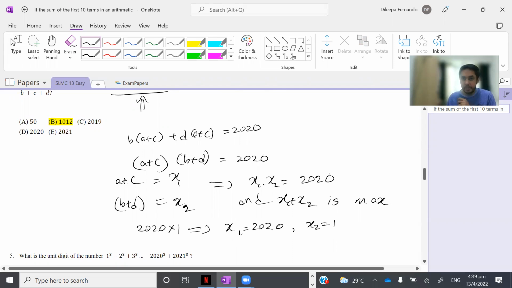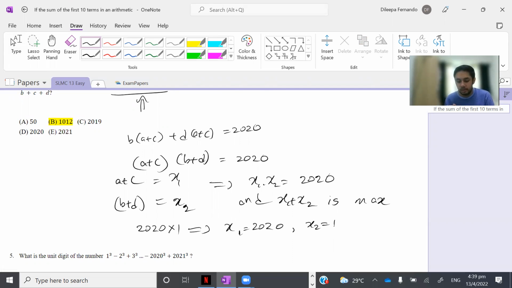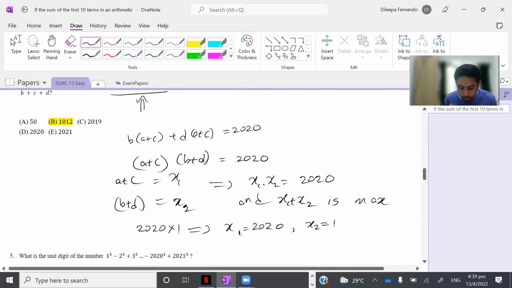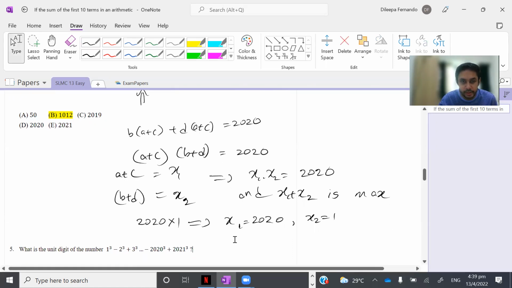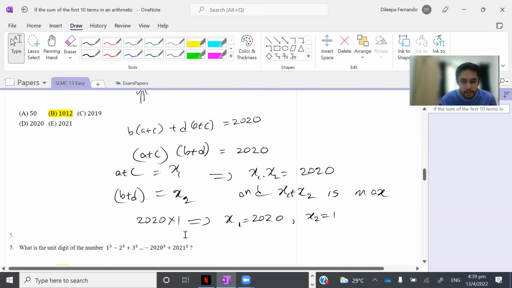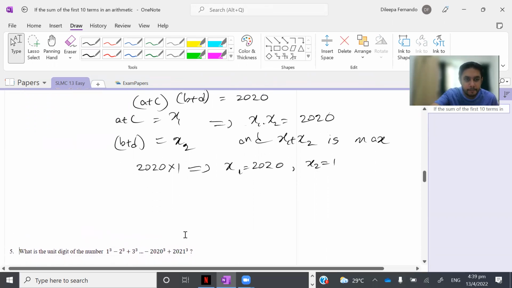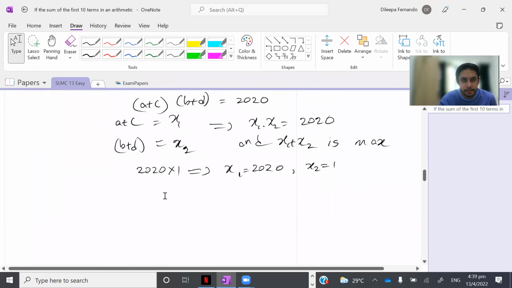But we need to do some validation, because you know that a, b, c, d are positive integers. So what happens if x2 is 1? That means b plus d is 1. If b and d are positive integers, the minimum value for b plus d is 2.